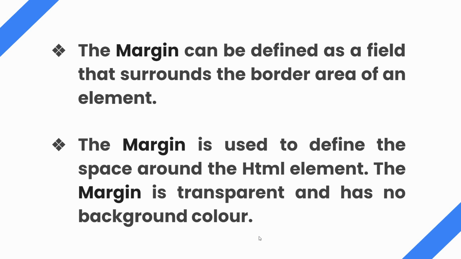The margin is used to define the space around the HTML element, and the margin also is transparent and has no background color. Yeah, so we already know about this from last week's class when we talked about the box model, and we also saw that the margin wasn't very noticeable because it's very transparent. So the color we'll be able to see is the color of the body of the entire HTML document.